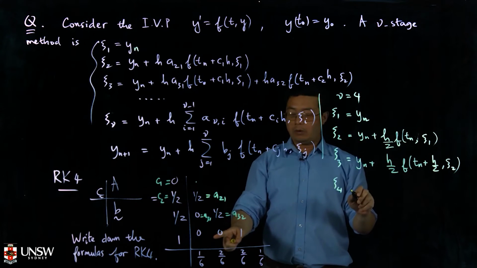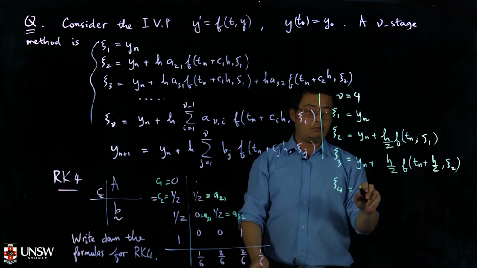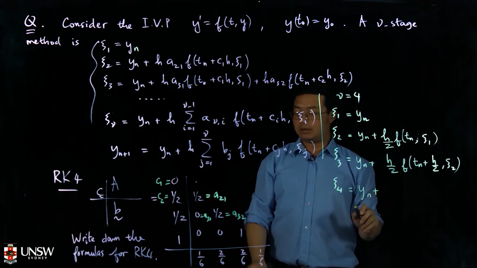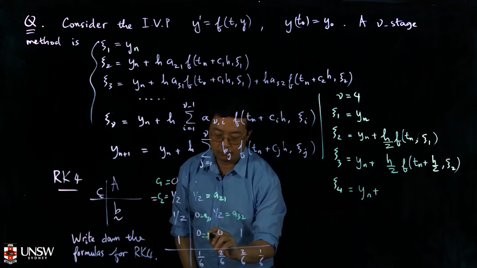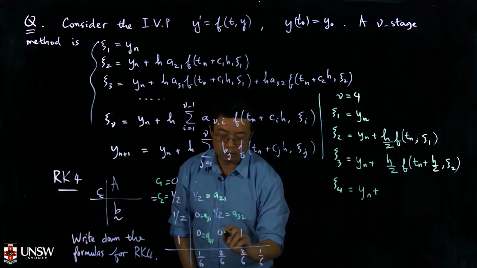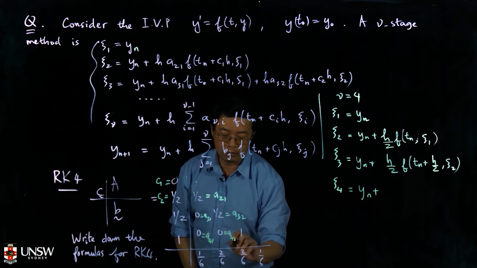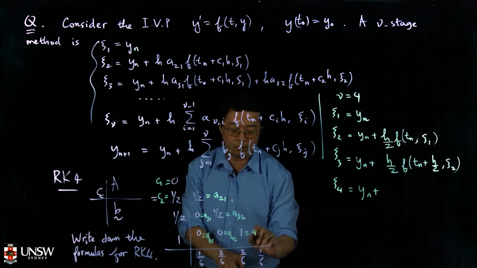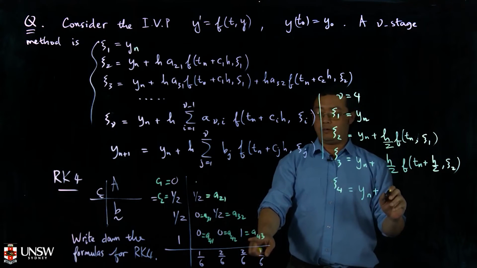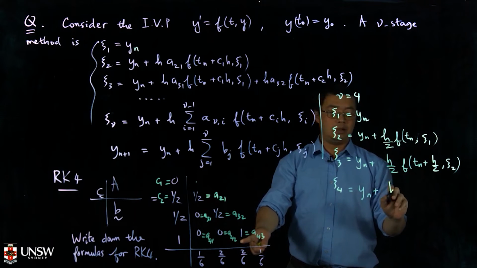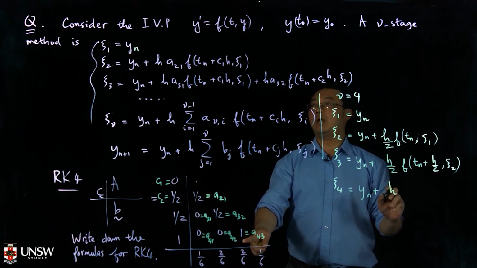So then the last one will be xi4. So xi4 is yn plus, so this one is A41, and A41 equals 0. A42 equals 0. But now this one is A43, so we have to put A43. So A43 is 1 multiplied by h.